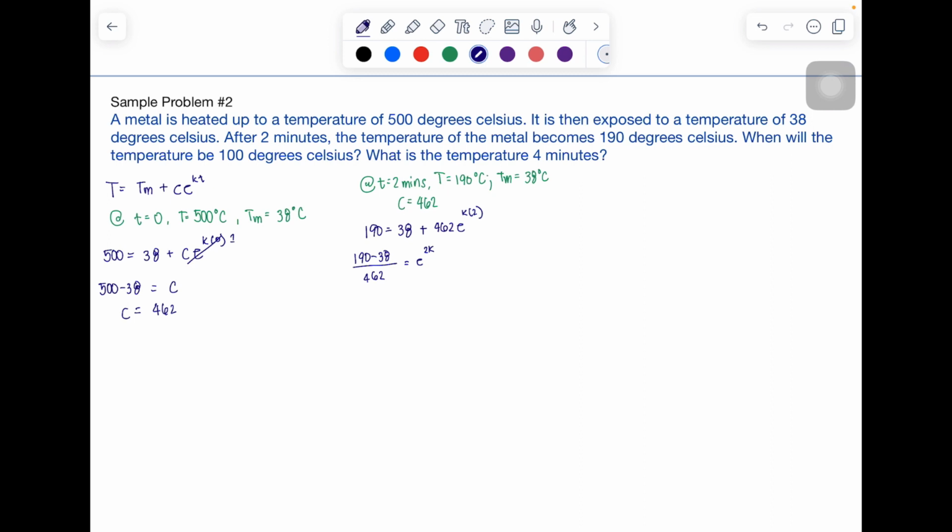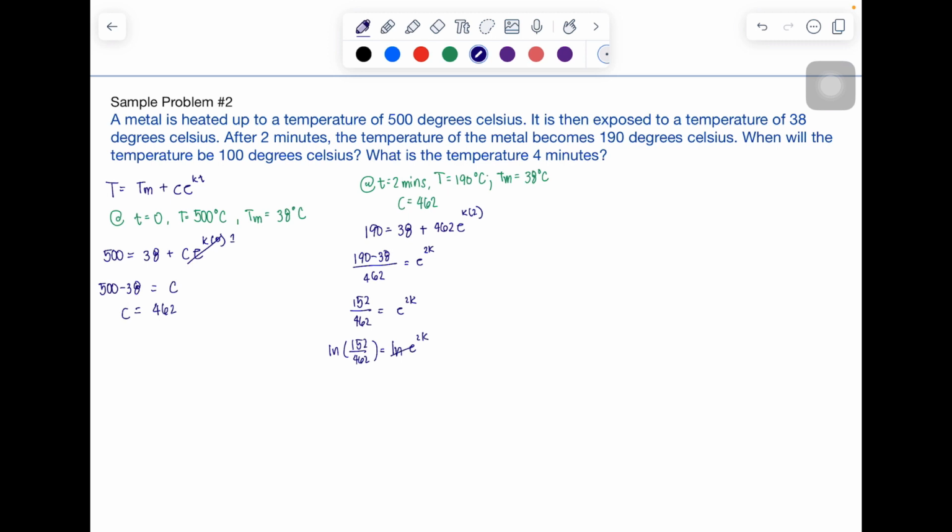All right. So what is the right side of the equation? That is basically 152 over 462 is equal to e to the 2k. So let's subject both sides to ln. So we have ln of 152 over 462 is equal to ln of e to the 2k.